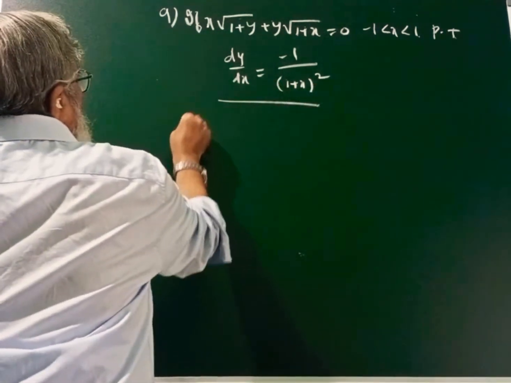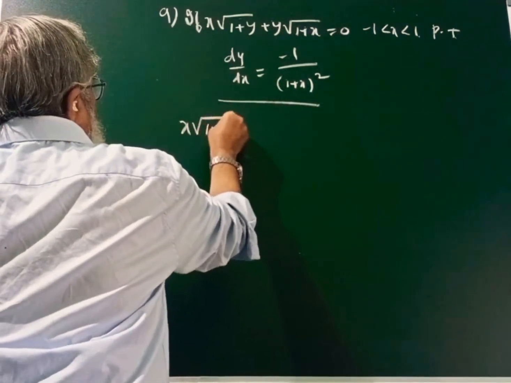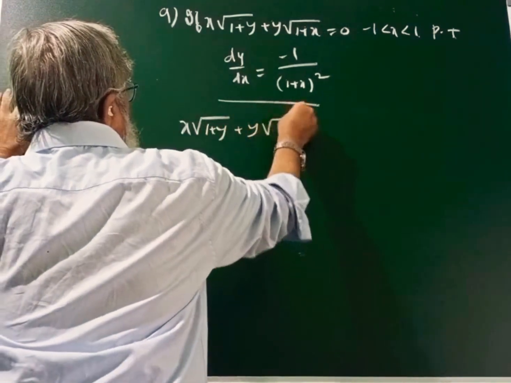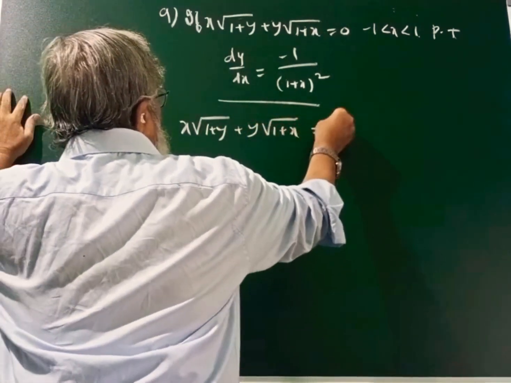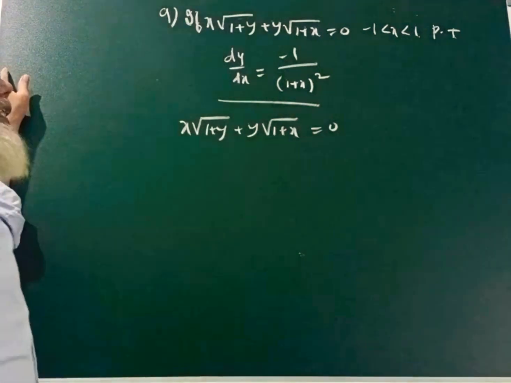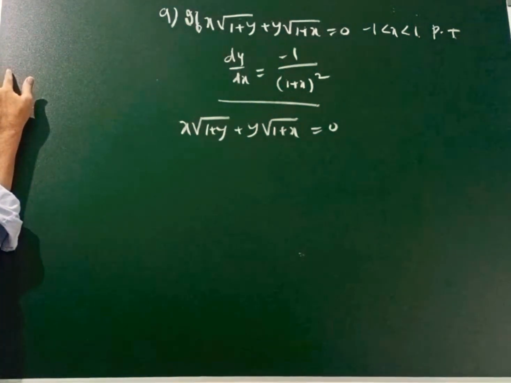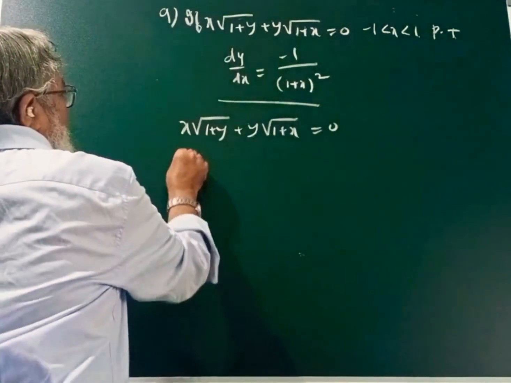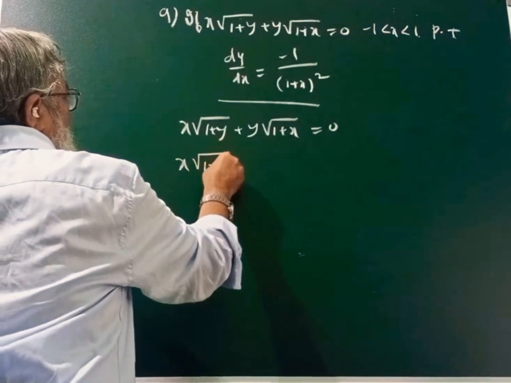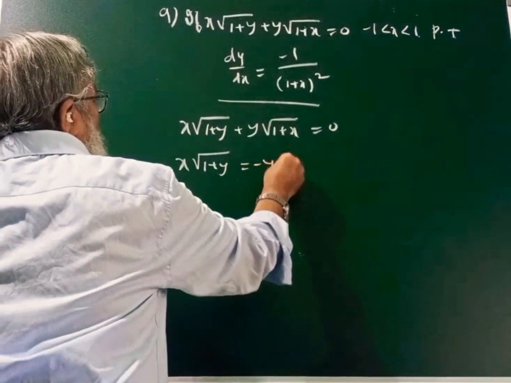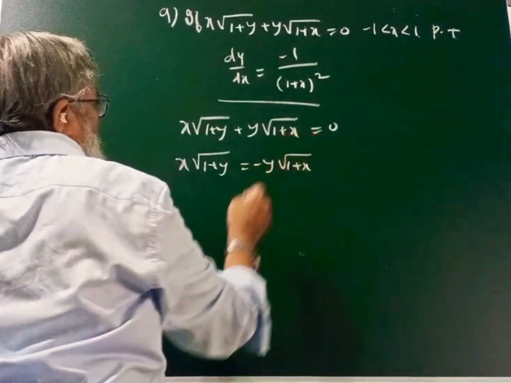We write x under root 1 plus y plus y under root 1 plus x is equal to 0. To avoid the complexity of this problem, let us make it simple. That is x under root 1 plus y is equal to minus y under root 1 plus x.